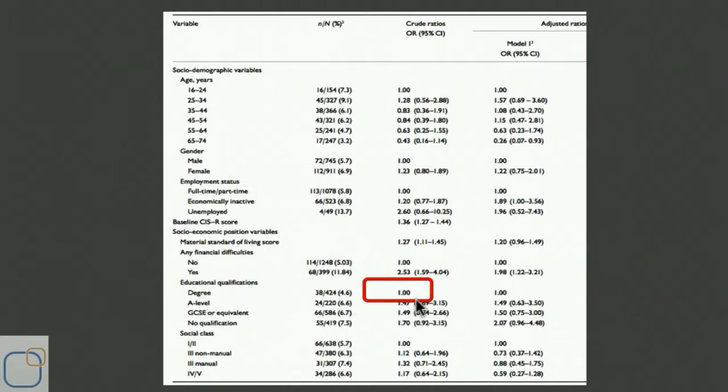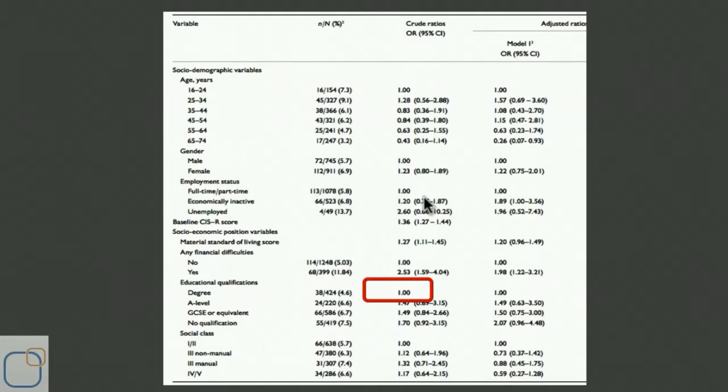You see that's 1, and there are no confidence intervals. In other situations you have values given and confidence intervals given, but here it's only 1. We can see that kind of anomaly, having values 1 but no confidence intervals, also for no financial difficulties, also for full-time employment, also for male gender, also for age being 16 to 24.